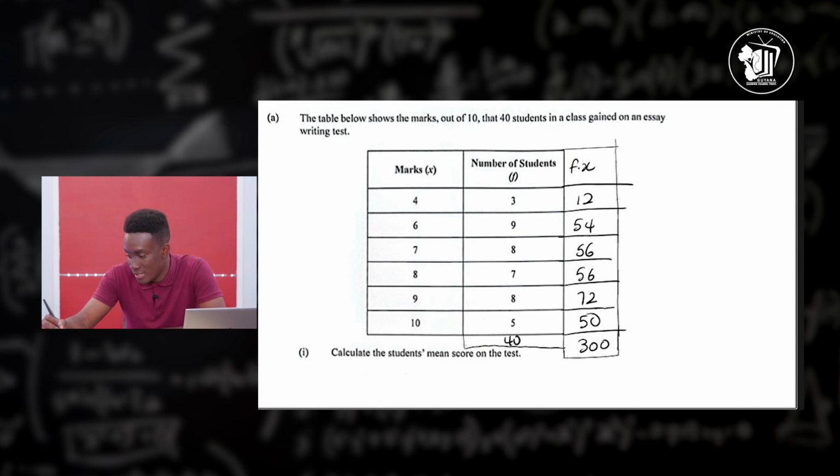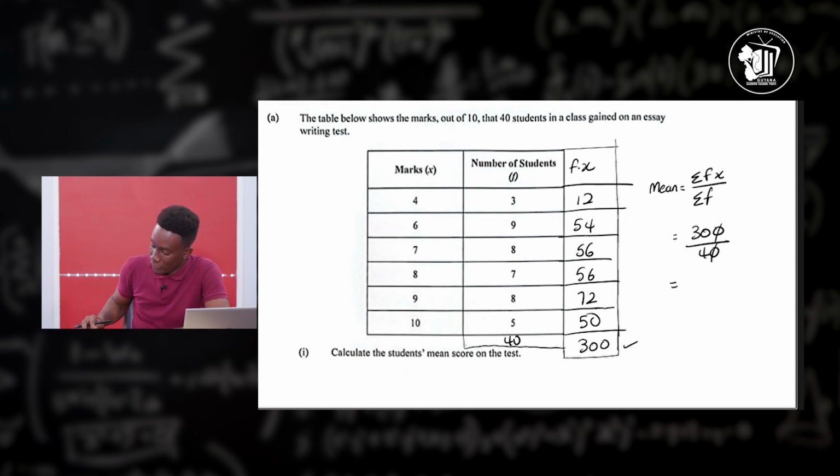So the mean would simply be the sum of fx divided by the sum of f. The sum of fx is 300, which is what we just found, divided by the sum of f, which is 40. This 0 goes with that 0, and 30 divided by 4 will simply give us 7.5.